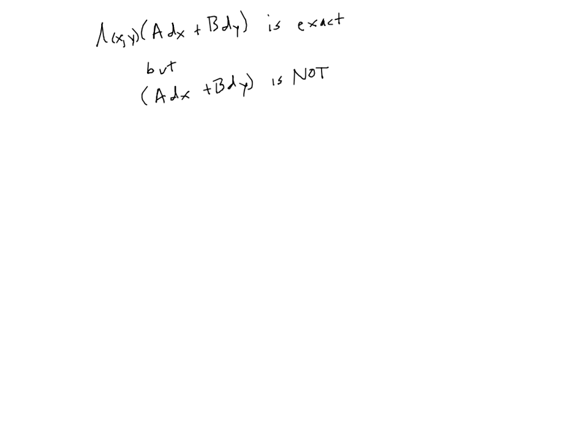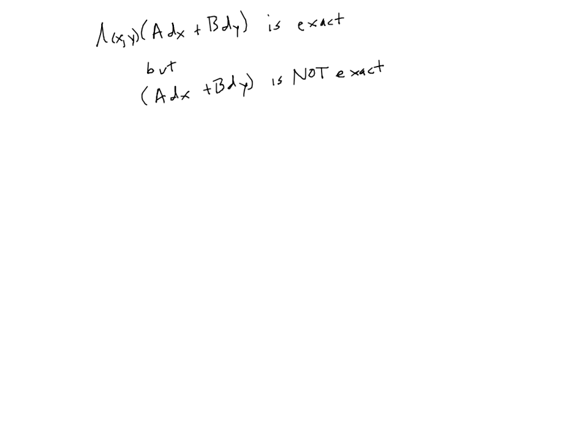The basic idea is that if you have this function lambda of x and y times A dx plus B dy, it is exact. But A dx plus B dy by itself is not exact.